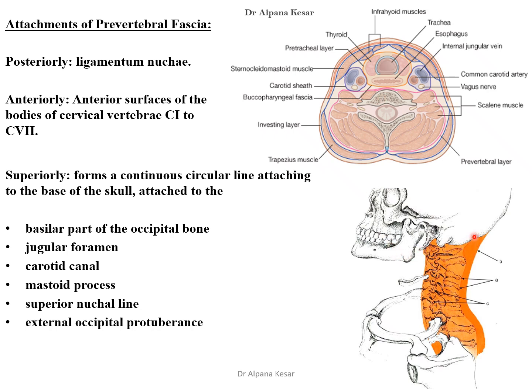Superiorly, it is attached along a circular line to the base of the skull. The landmarks on this circular line include the basilar part of the occipital bone, jugular foramen, carotid canal, mastoid process, superior nuchal lines, and external occipital protuberance.